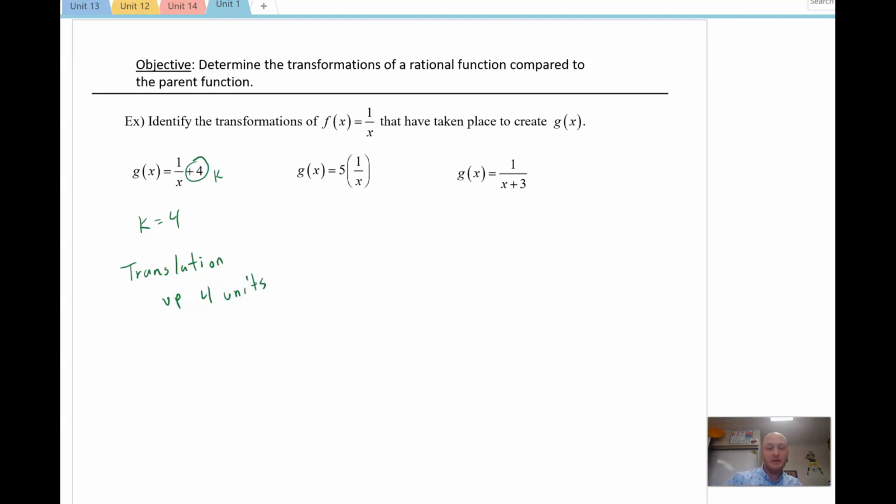Very, very simple, right? Next, I have g of x equals 5 times 1 over x. This is an a value here. First of all, it's important to note that a is equal to 5, which is greater than 0. So that means we are not going to have any reflection. And then the absolute value of 5 is greater than 1, so that means we are going to have vertical stretch.